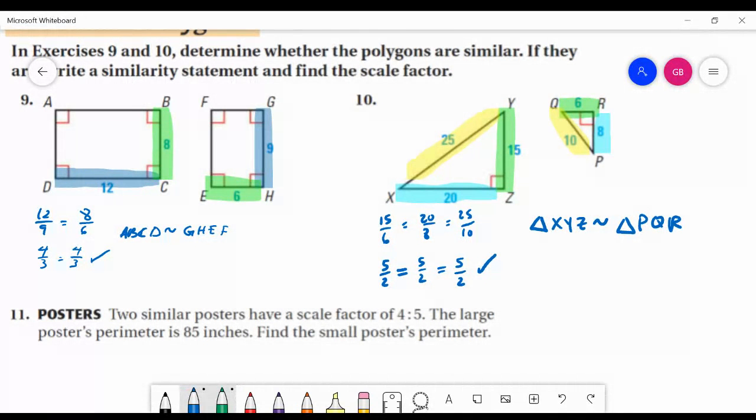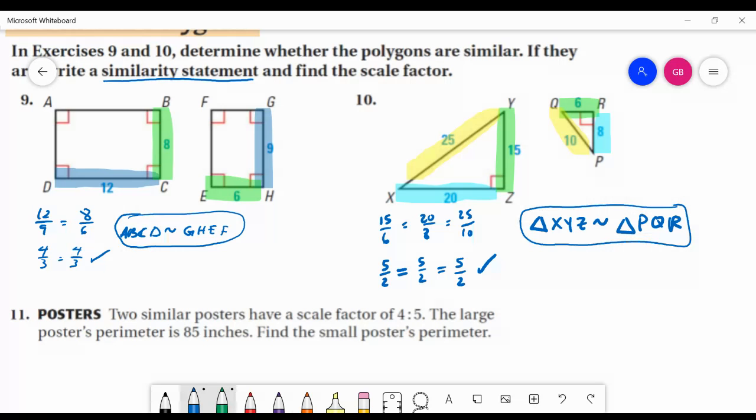I just want to make sure that the letters correspond. Yeah, PQR. Okay. So first we determine if they're similar, and then we write the similarity statement. Here's the similarity statement. And the scale factor. This is the scale factor.